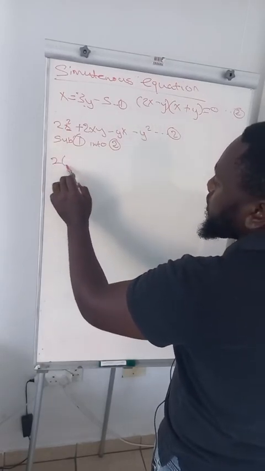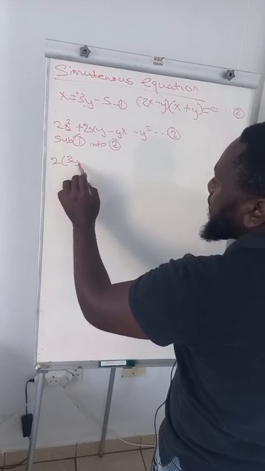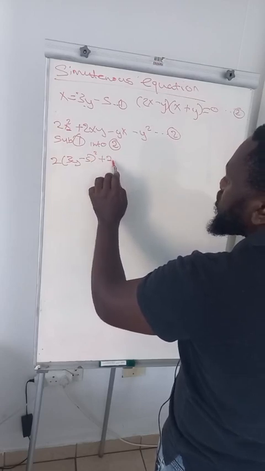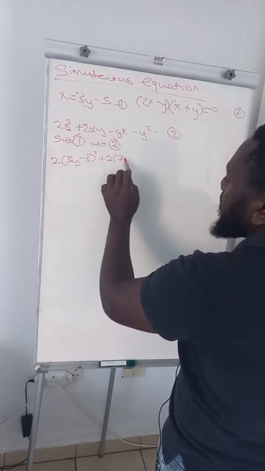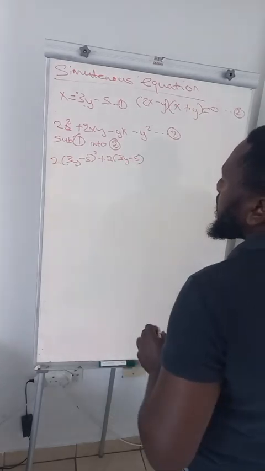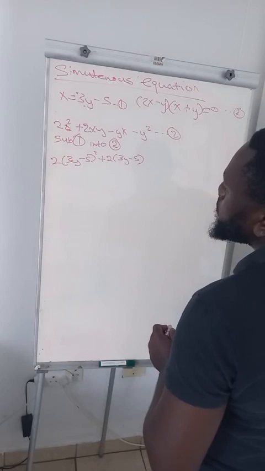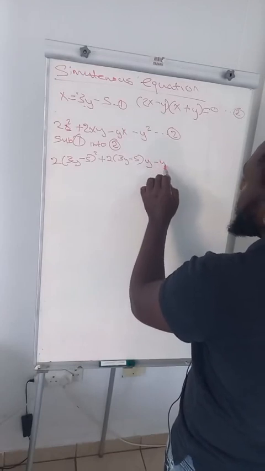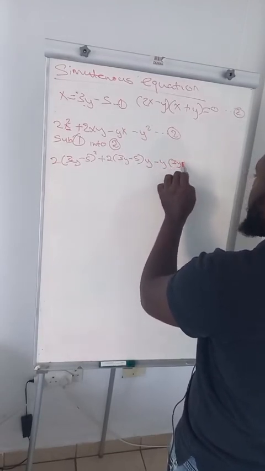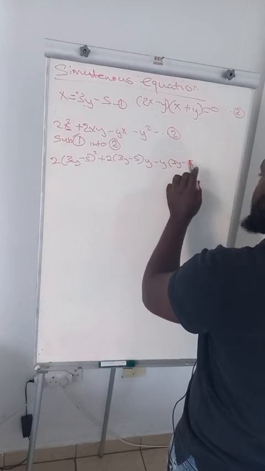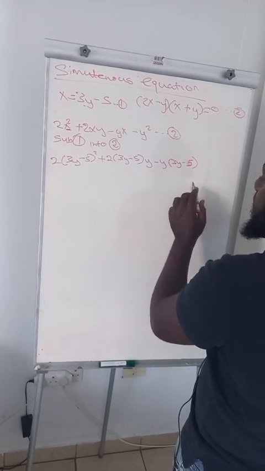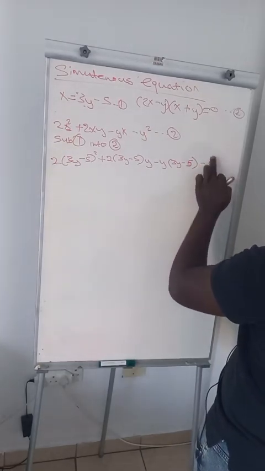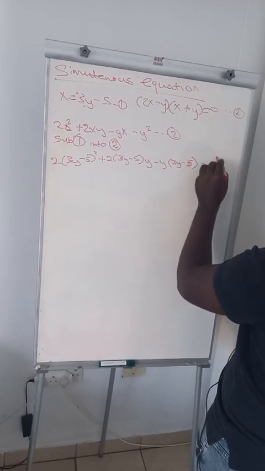So you'll have 2 into 3y minus 5, squared, plus 2 into, where there is an x, you write 3y minus 5, and then y here, and then minus y into 3y minus 5 here, and then y squared.